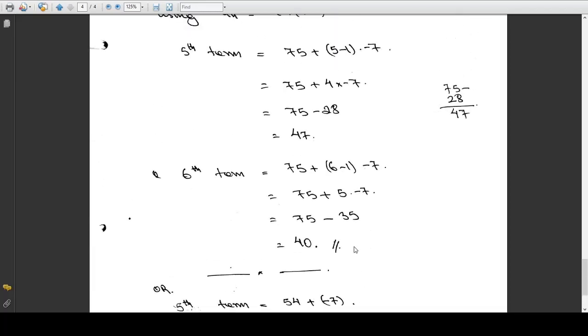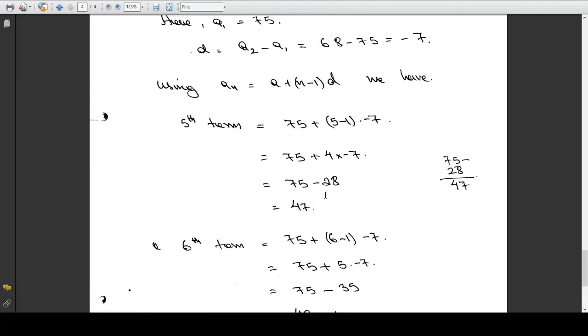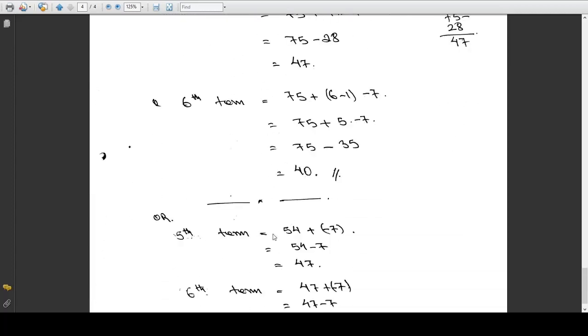But you see here the solution I've given to you. It will be easy for you if you use it directly, isn't it? For the fifth term, once you know the fourth term, you just add the common difference, you will get the fifth term. To get the sixth term, you add the fifth term with the common difference, you will get the sixth term.